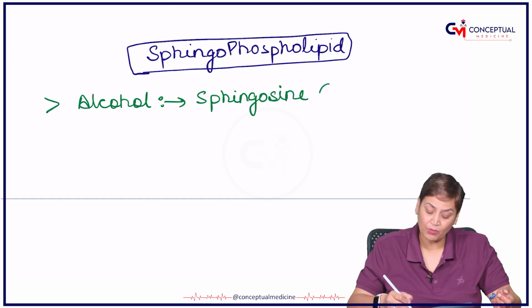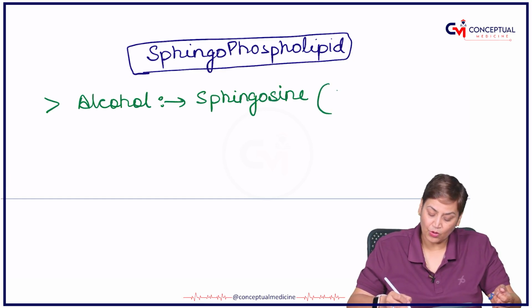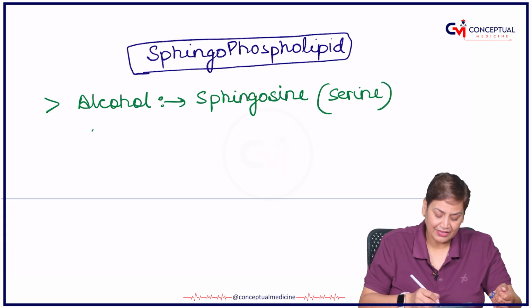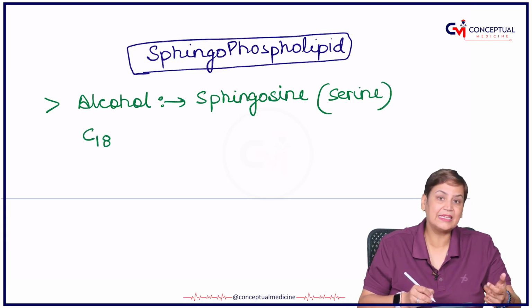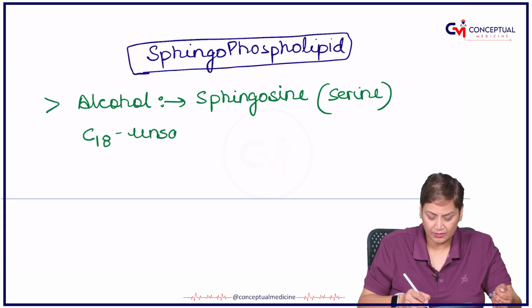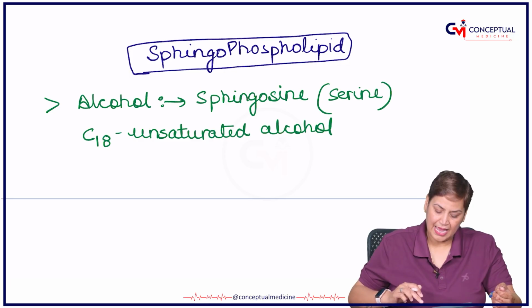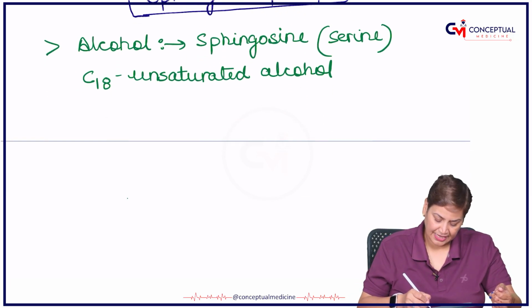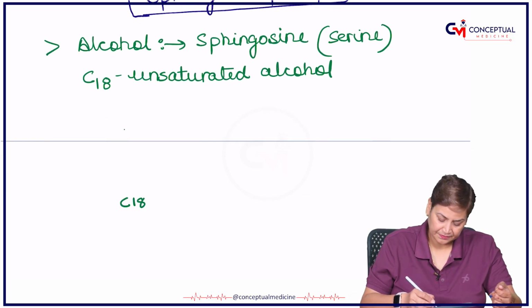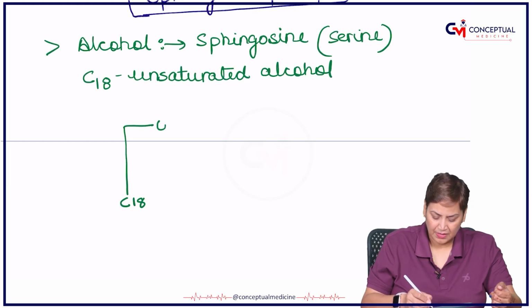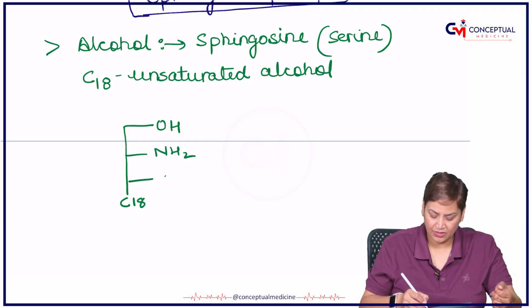It is synthesized in the body itself from serine. It has 18 carbon atoms. It's an unsaturated alcohol, C18. If we draw the structure, it is like this: C18. Here OH is there, here NH2 is there, and here OH is there.